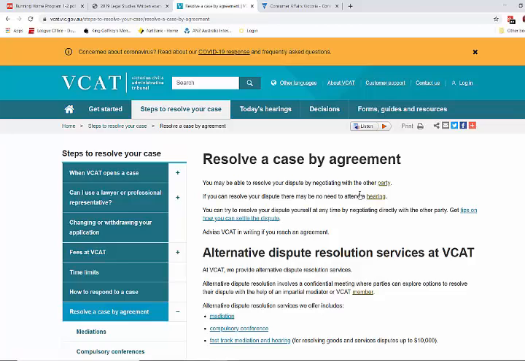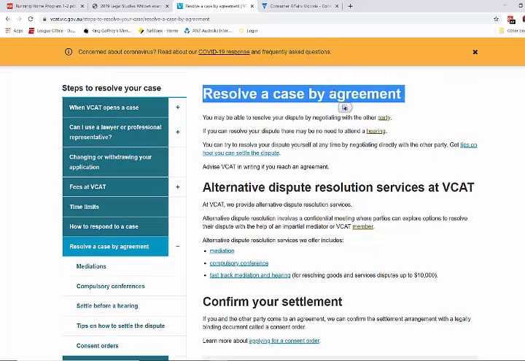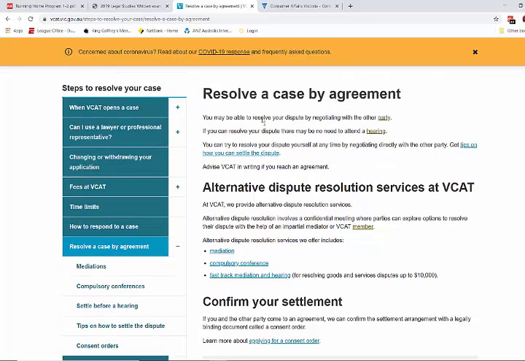If you file an application with VCAT, VCAT is still going to want to do everything in its power to get you to resolve the dispute without having to, again, use its own time. Because the more cases that are resolved between parties, the fewer hearings VCAT has to run, and that means they can continue to offer really timely and quick dispute resolution. So they have this whole section here on resolving a case by agreement, and they say, hey, you might be able to negotiate with the other party.